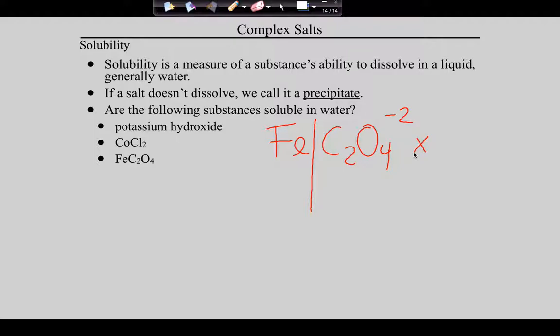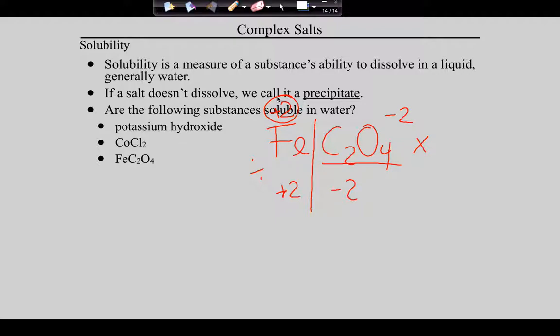By the 4? We don't. The ion is C2O4. That's what has a -2 charge, and there's only one of them. So -2 times 1 is -2, so this is +2. That +2 charge then is divided by 1 iron. That means that iron is +2.